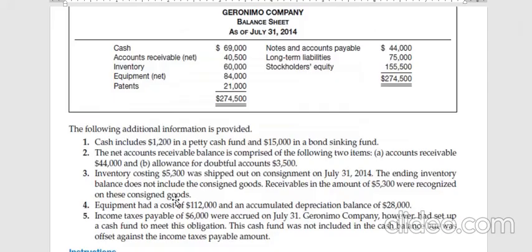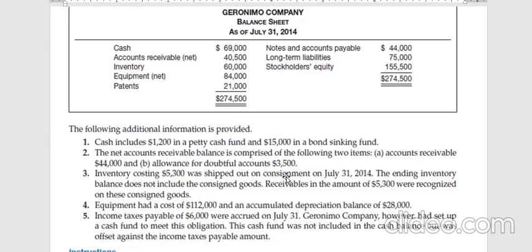Now, further it says receivable in the amount of 5,300 was recognized on the consigned goods as well, mistakenly. As this was a mistake: when you send $5,300 worth of inventory to the consignee agent, ladies and gentlemen, the consignee agent will only receive it and sell it.